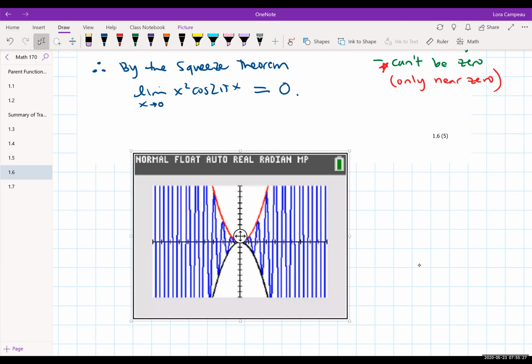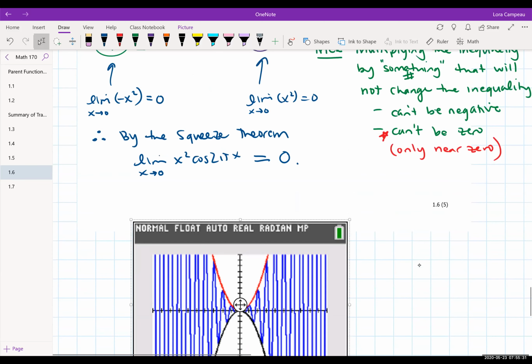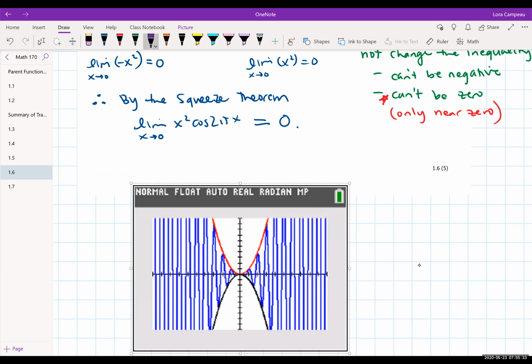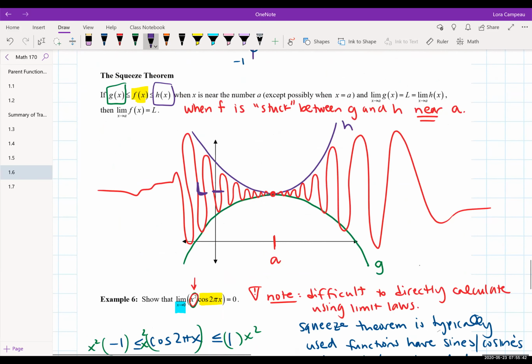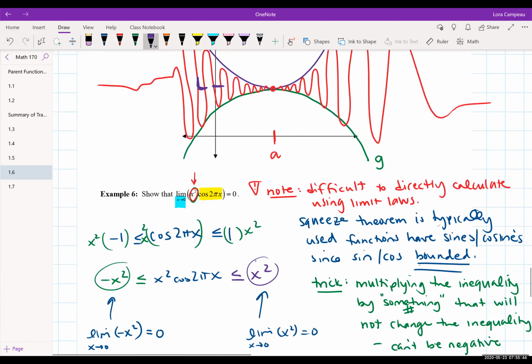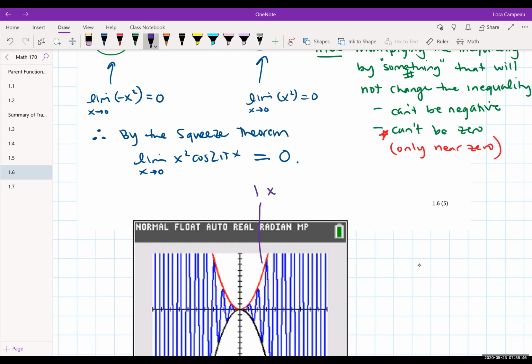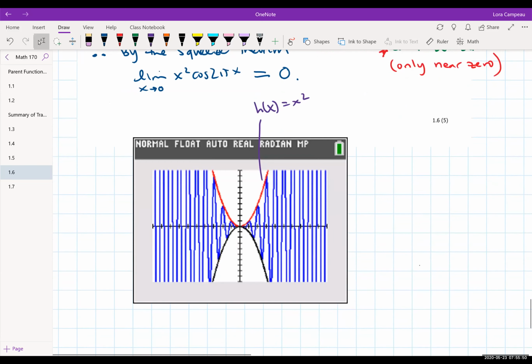So just so that we're clear on this, we had our two functions. We had f of x equals x squared, and in our case, as far as the squeeze theorem is concerned, that was the h. And then the g part was the negative x squared.